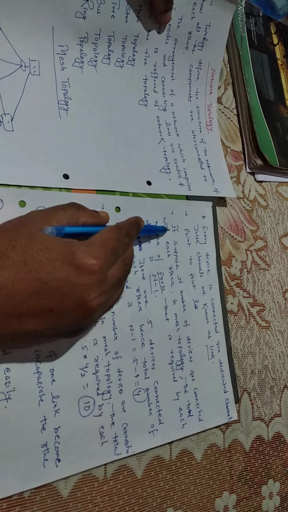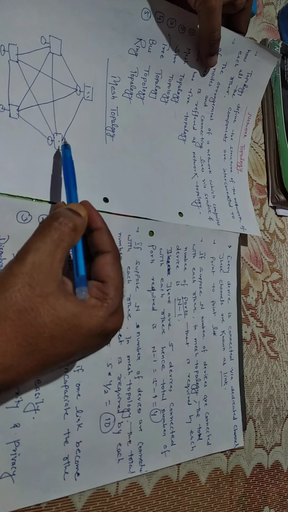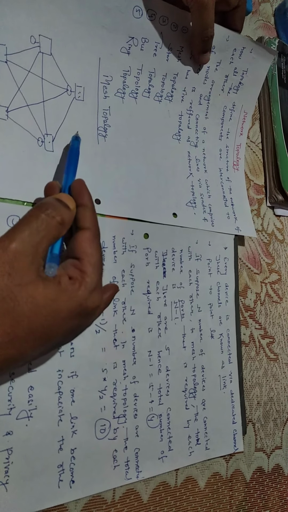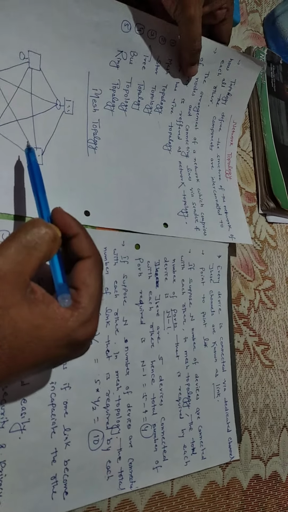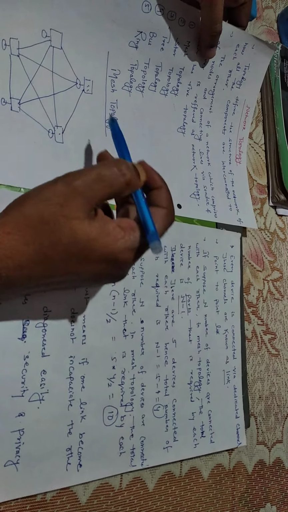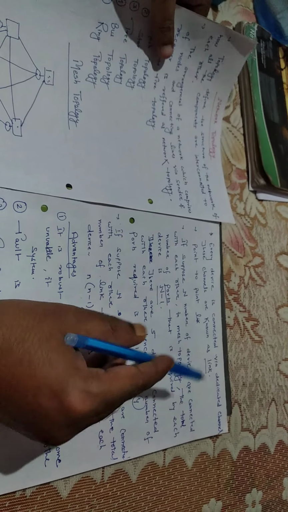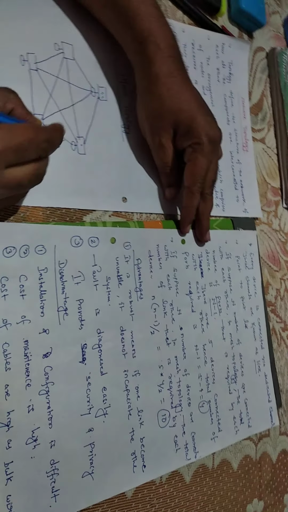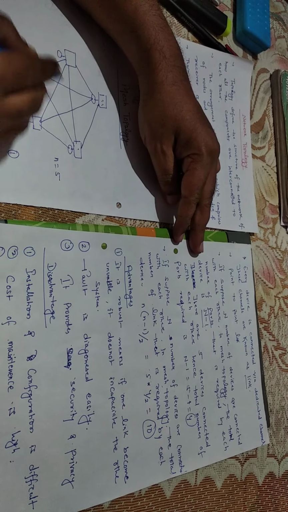Suppose there are n devices. We can find how many ports are available on these networks, and how many links are present for a given number of nodes. In the given diagram, the number of nodes is n equals 5, so 5 nodes are connected with each other.